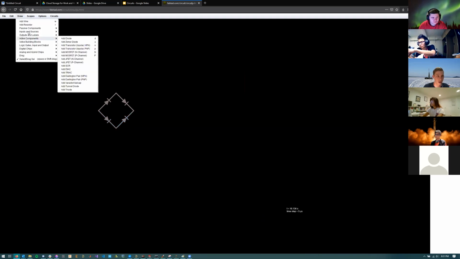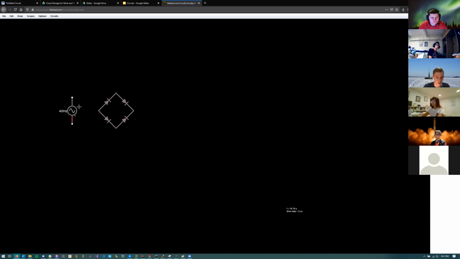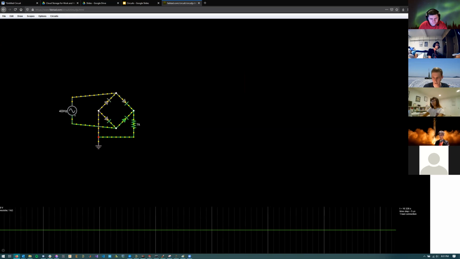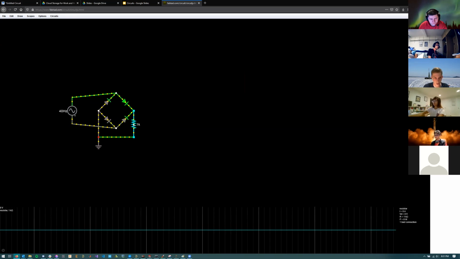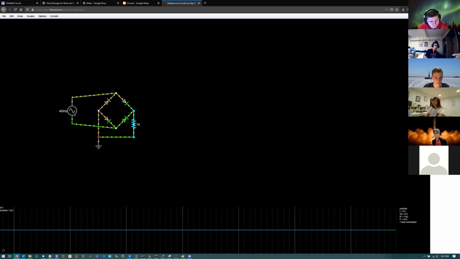We draw another AC voltage source terminal, and we wire that up to our diodes, ground to this side. Then we add a resistor here. We need some sort of load in order to make current flow. And take a look at view and scope. Something is not right. What do I do?